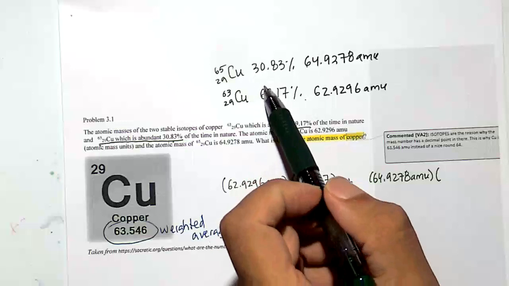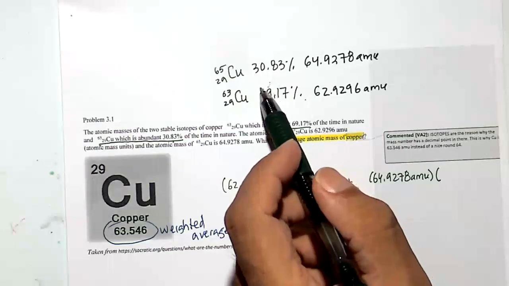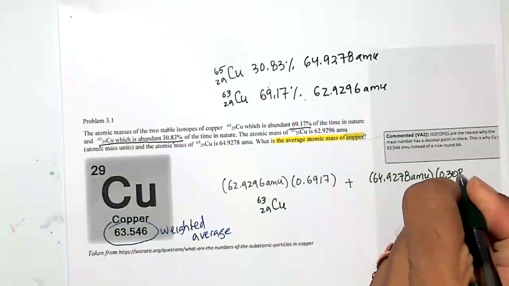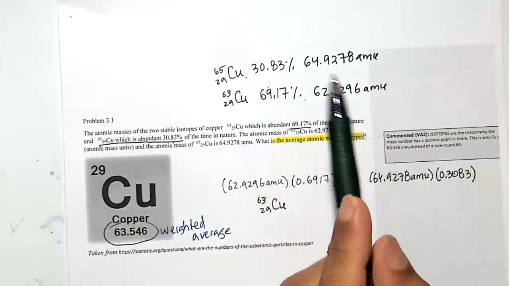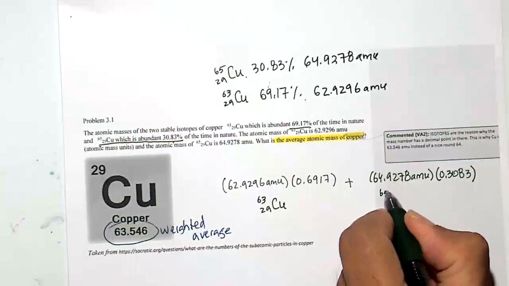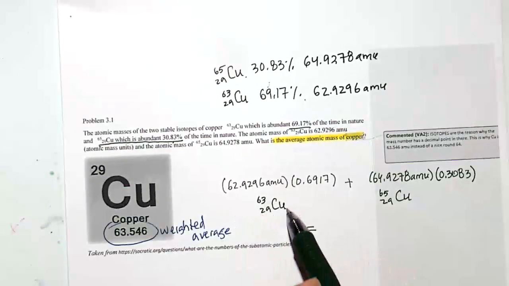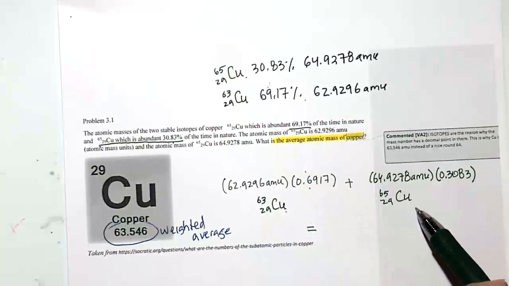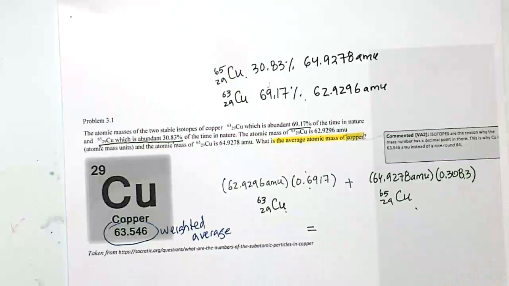So I'll convert that to a decimal. Converting is easy, just divide by 100. So this makes it 0.3083. This is from copper-65. So the contribution of this isotope and its weight, and the contribution of that isotope and its weight, we will add them together, and this should give us the answer.